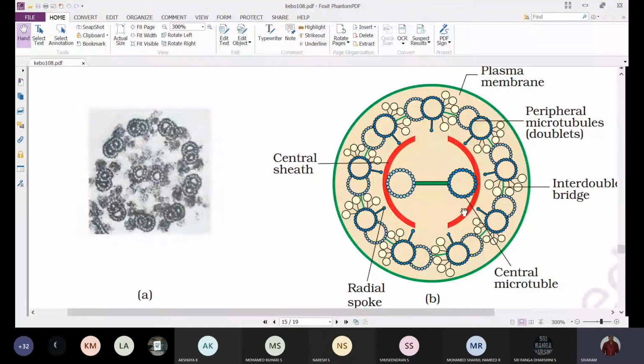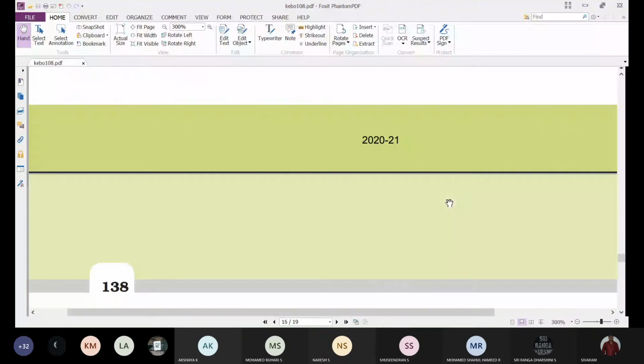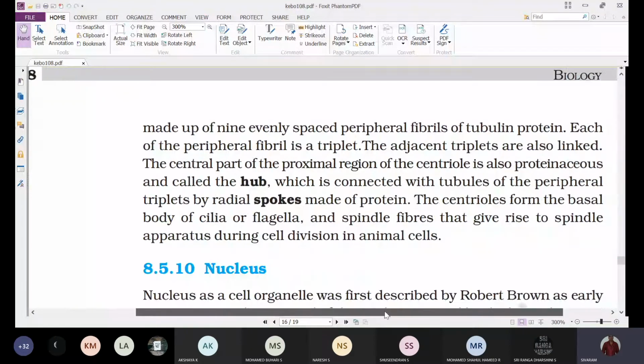As a result, the internal structure of centrioles resembles that of a cartwheel. They are made up of 9 evenly spaced peripheral fibrils of tubulin protein.